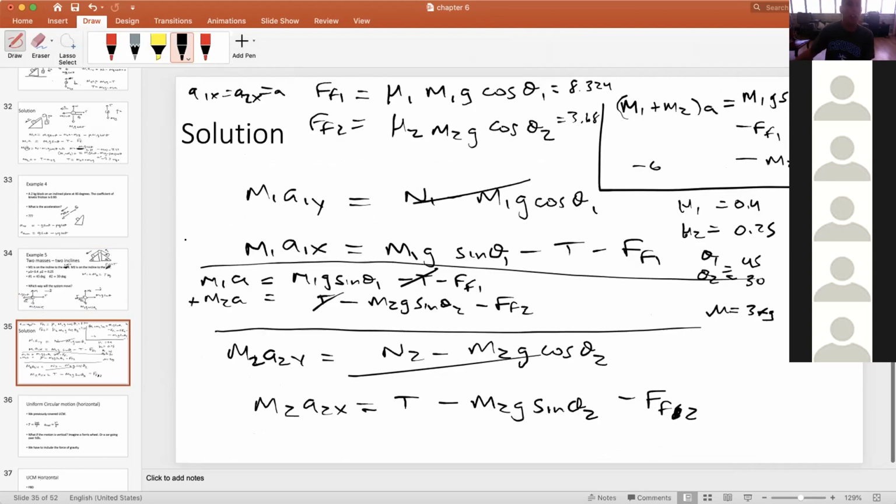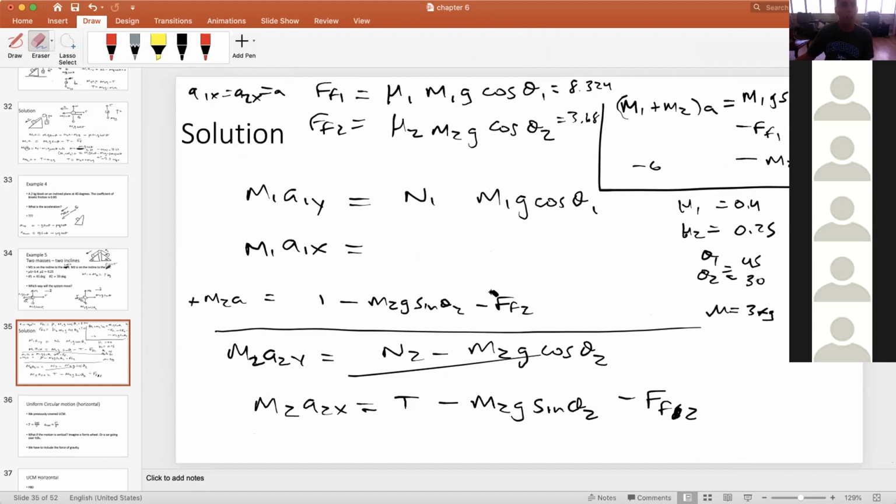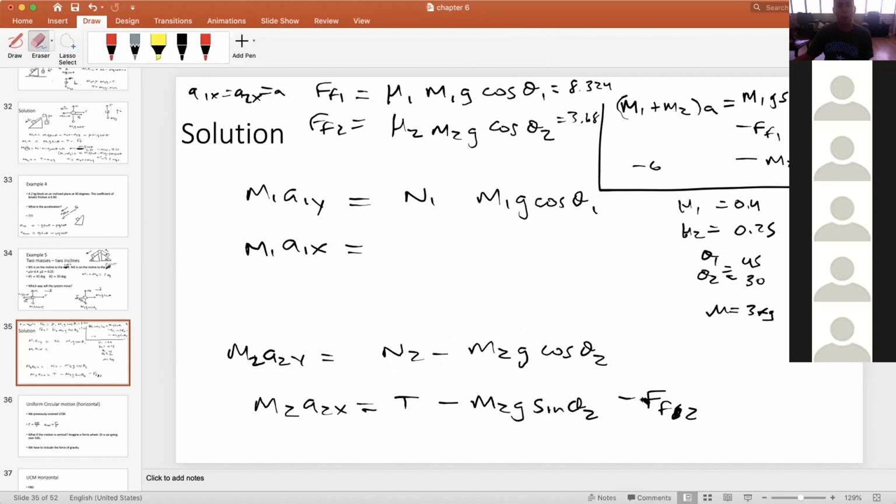And doing all of that, M1A1 would be completely different. I'm going to leave those because those are still valid, but this is all going to be different.